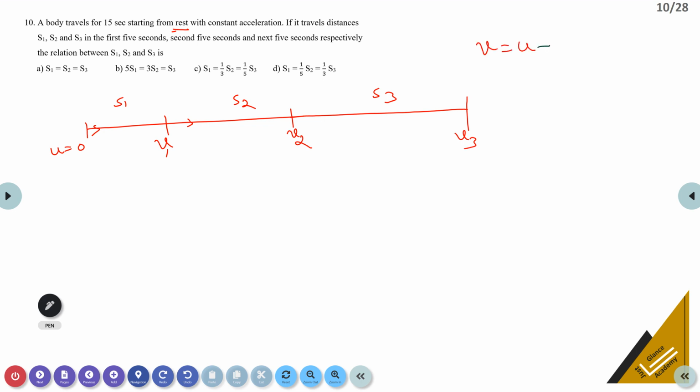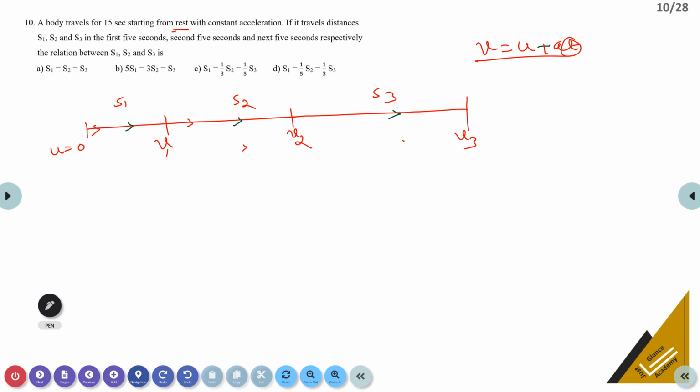We know the equation V equals u plus at. As time increases, velocity also increases, so V3 is more than V2, V2 is greater than V1, and V1 is greater than the initial velocity. That's why it travels more distance compared to the previous, less distance.